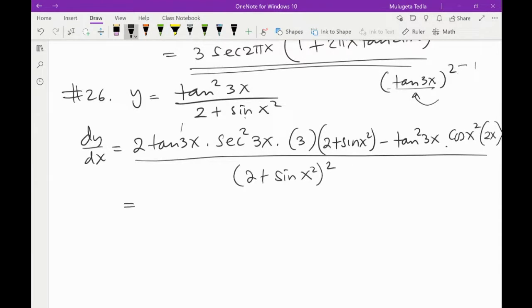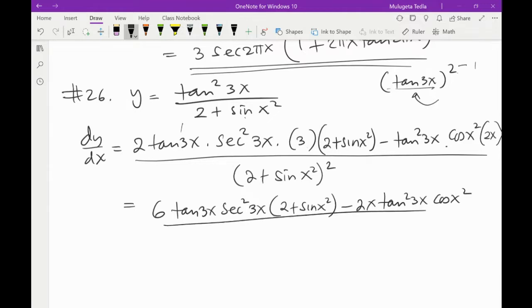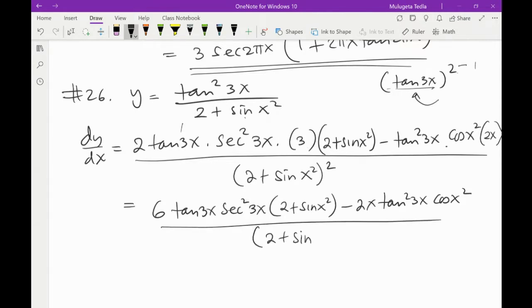So what do I have in the first term? I got bring 2 or 6 tan 3x secant squared 3x times 2 plus sine of x squared minus 2x tan squared 3x cos of x squared over 2 plus sine of x squared the whole square.